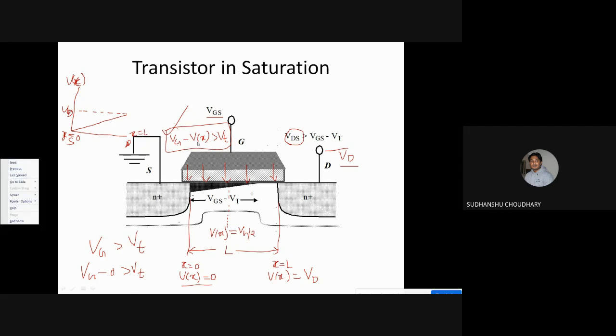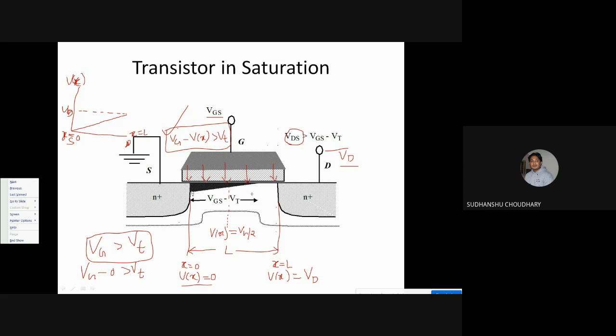So Vg minus Vx will be equal to Vg by 2. And we have already applied Vg as greater than Vt. So this time this condition is not fulfilled. Vg by 2 is not greater than Vt.